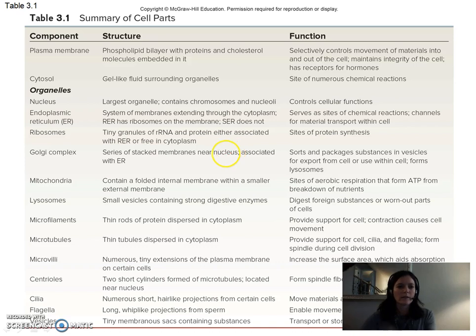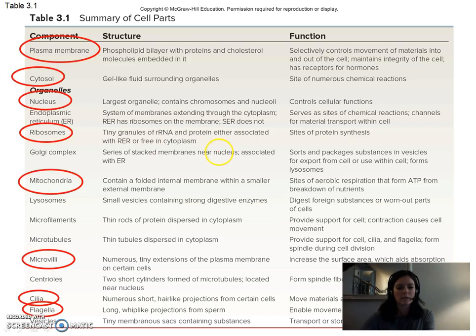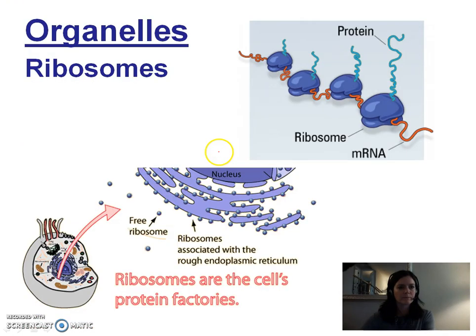If you have this figure in your book, this is a list of the major organelles in our body's cells, and the ones that are circled here are the ones that you need to know for this class. Feel free to read more about the others. They are certainly important, but these are the most important for what we will be talking about.